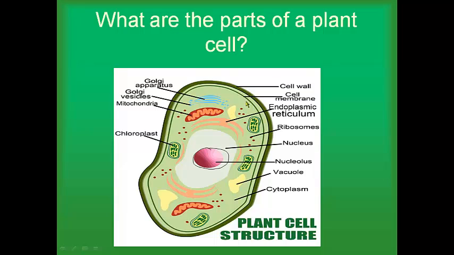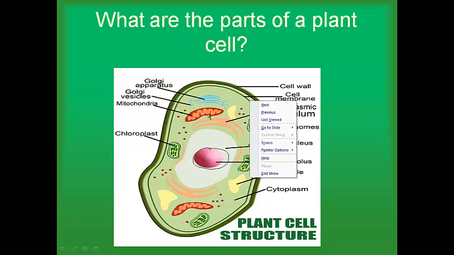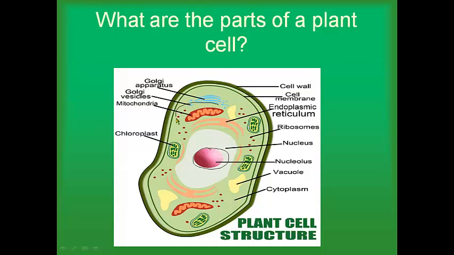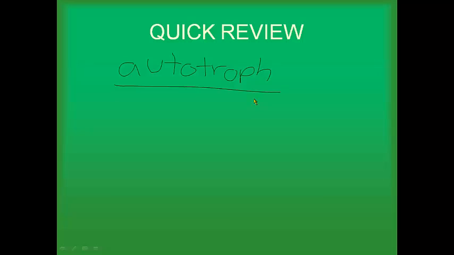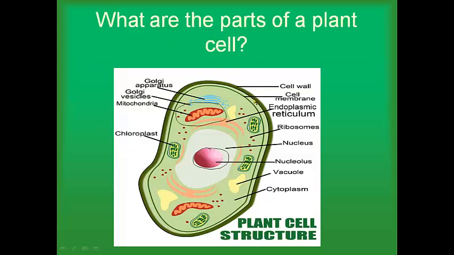You've got here the cell membrane that goes around the plant. You've got the mitochondria right here, which basically creates energy for the plant. You've got the cell wall right here, which gives the plant structure. I'm still learning how to use this silly thing. So the cell wall gives it structure.